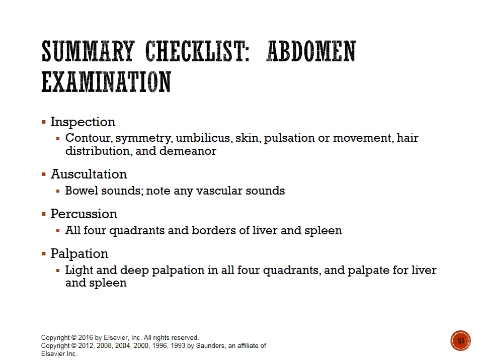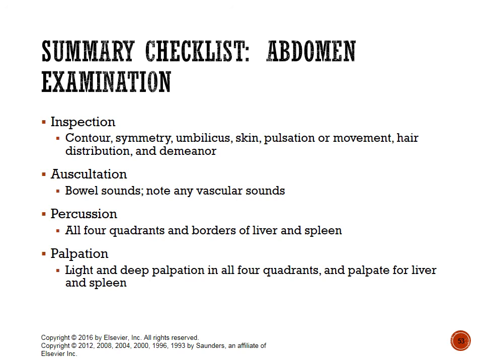At the end of the chapter, we do have a summary checklist there for us with inspection, just kind of reminding you what comes under each of these categories. Contour, symmetry, umbilicus, skin, any type of pulsations or movement, also hair and demeanor because of the possibility of pain.